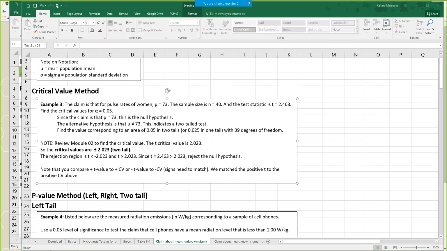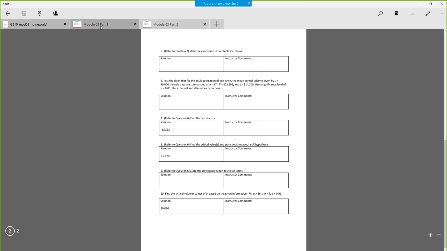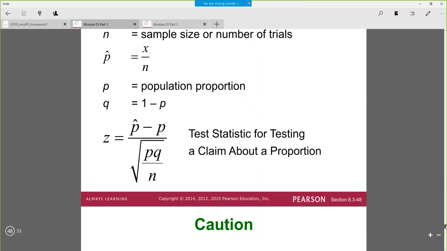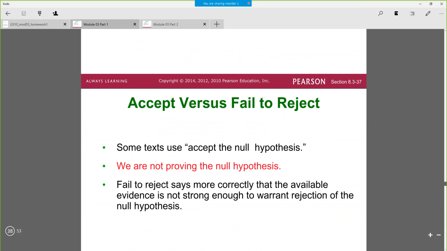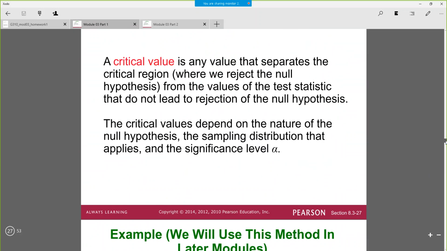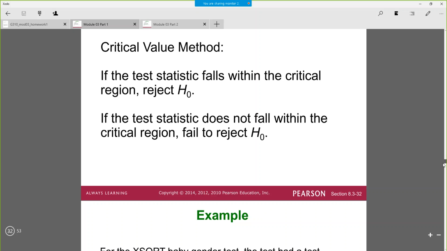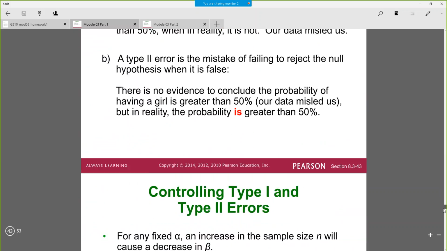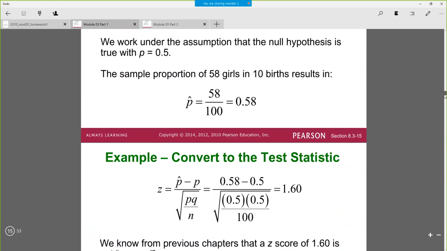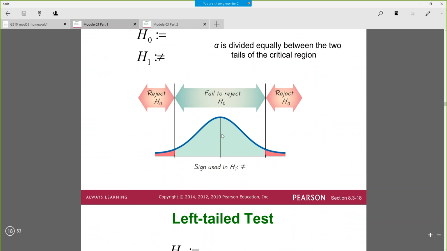Okay. Visually speaking, if I can get to that picture real fast, let's see. Here we go. So negative 2 here, positive 2.